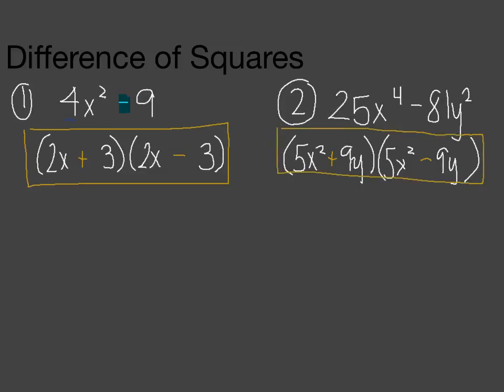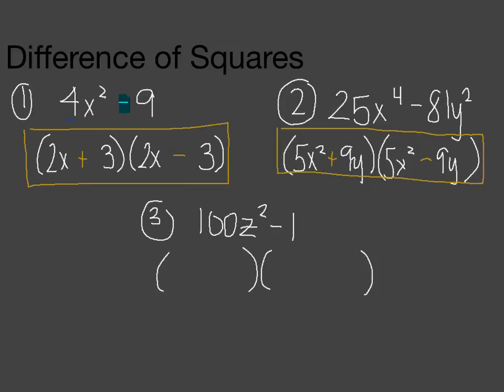Let's go ahead and do one more. 100z squared minus 1. So I make my factoring frames.